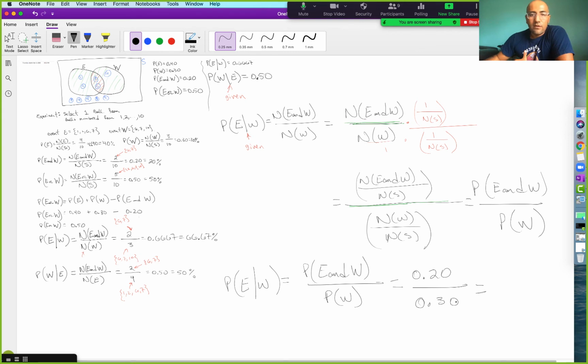If we divide those two things together, we get 0.6667, the exact same answer as we got before. Good. So in some cases, we will have a nice Venn diagram where we can count things. But in some cases, we won't have that benefit. It will be a complicated word problem of some kind, and we might have to rely on this formula in order to find our answer.